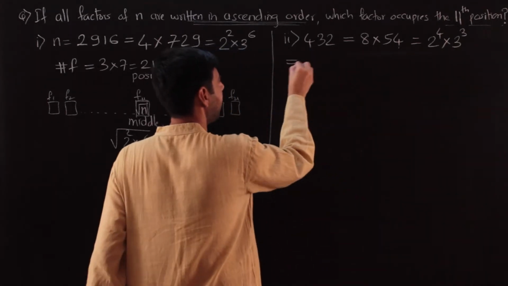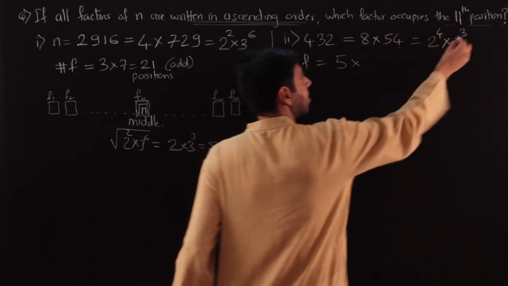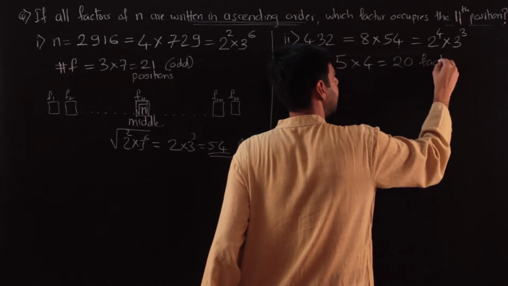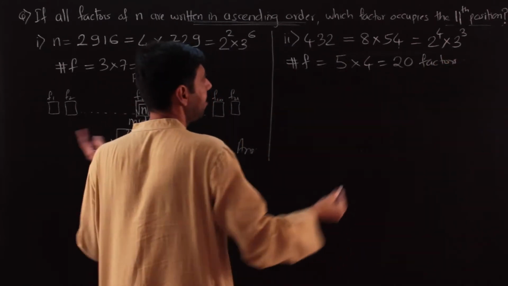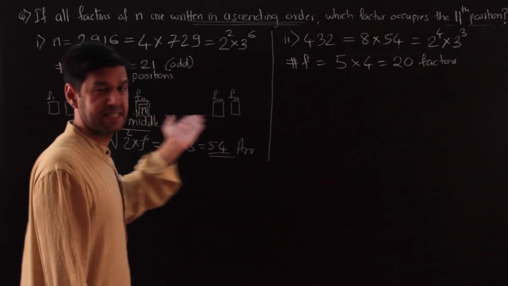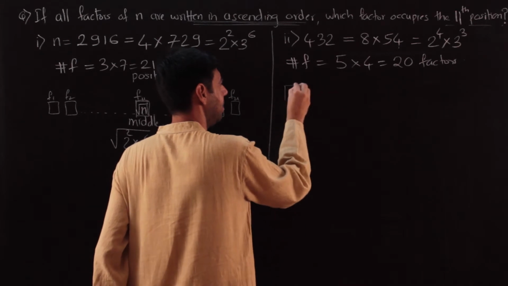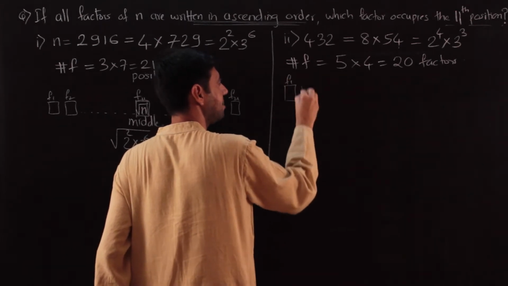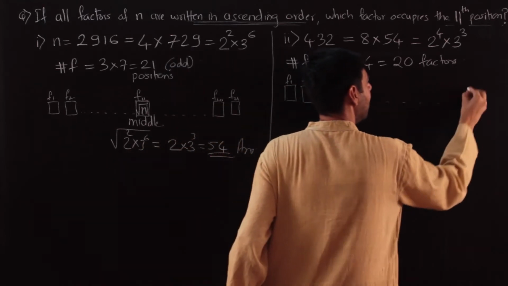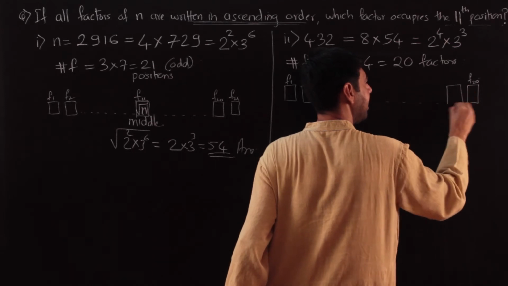So the number of factors of 432 is (4 plus 1) into (3 plus 1), 5 into 4, that is 20 factors. And if there are 20 factors, which is even, by the same logic, I put down the first factor in the first position, second factor in the second position and so on, 20th factor in the 20th position, 19th.